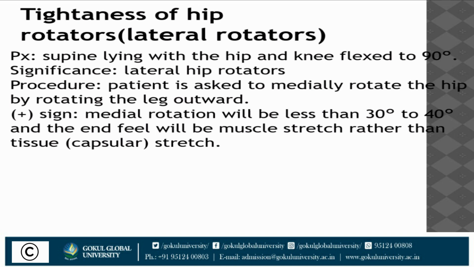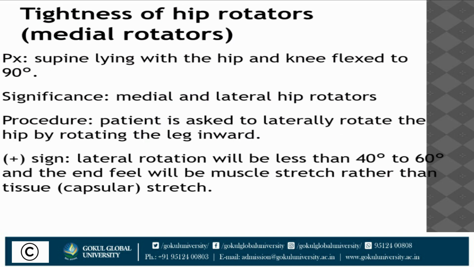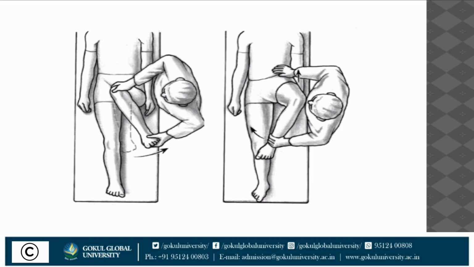Procedure: the patient is asked to medially rotate the hip by rotating the leg outward, as we can see in the first figure. Positive sign is if medial rotation is less than 30 to 40 degree and the end feel is muscle stretch rather than capsule stretch.